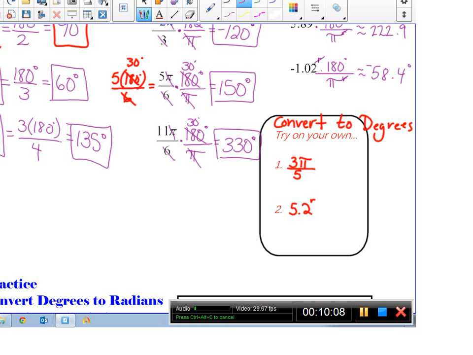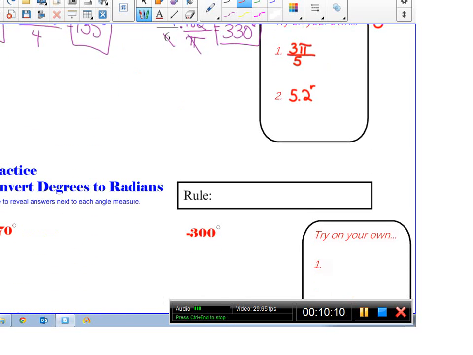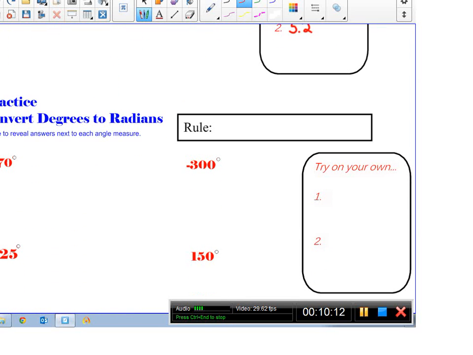All right. So now that top section was converting radians to degrees. Now we want to convert degrees to radians. So here we are going to multiply by, if we're going to radians, we want the radians on the top, pi radians divided by 180 degrees.